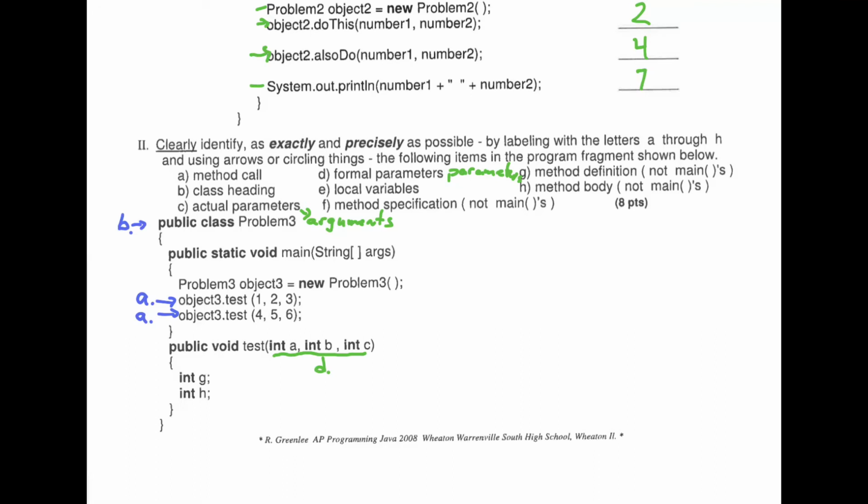And the arguments, or the actual parameters, are when we call a method, the pieces of information that we're sending to the method. Remember, the arguments and the parameters have to match in order for it to be able to compile without error. So notice that for part D, our parameters were 3 ints, and for part C, our arguments were 3 ints each time.